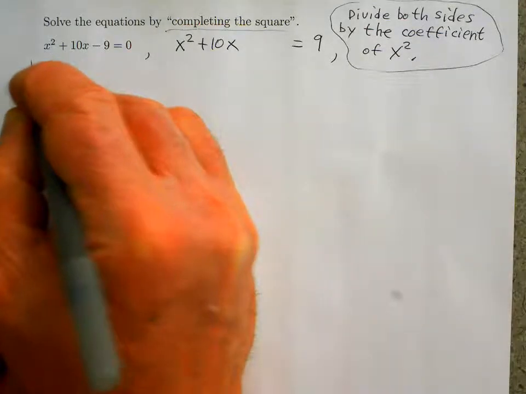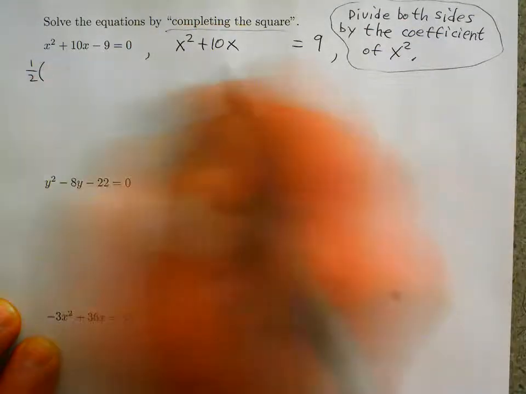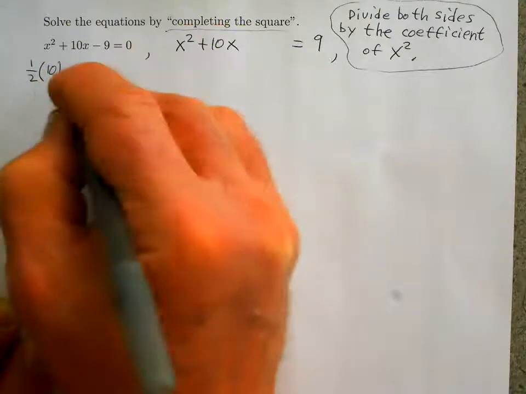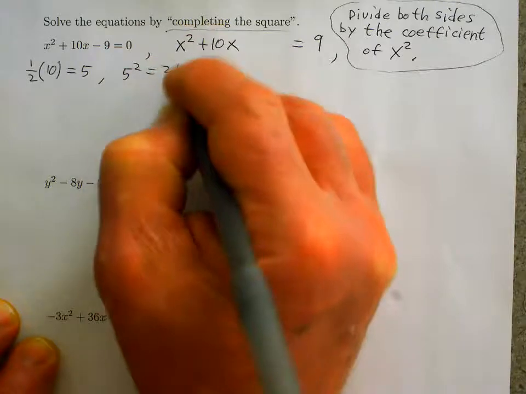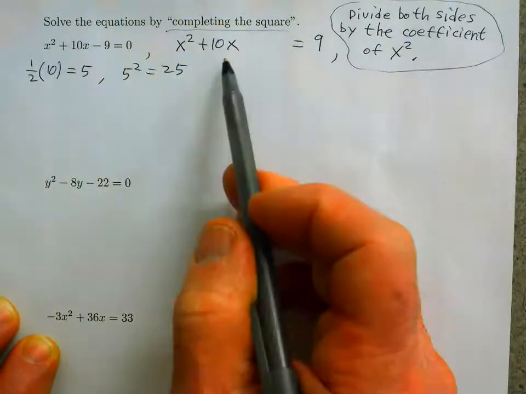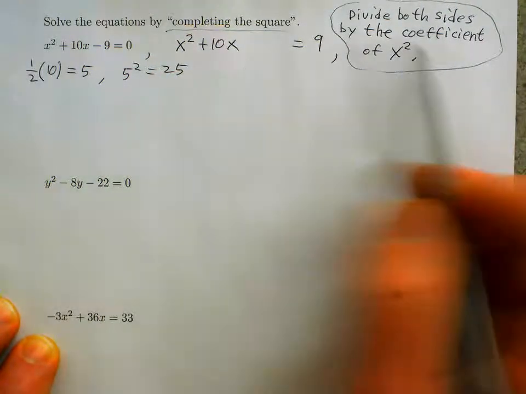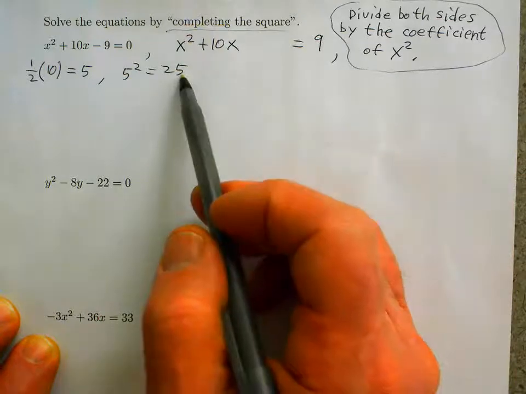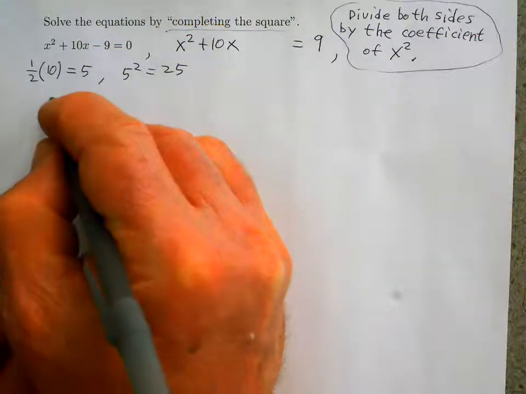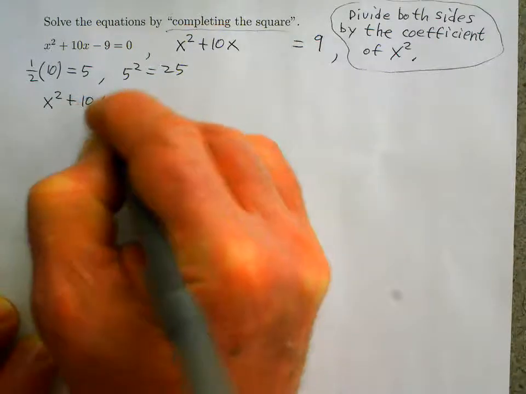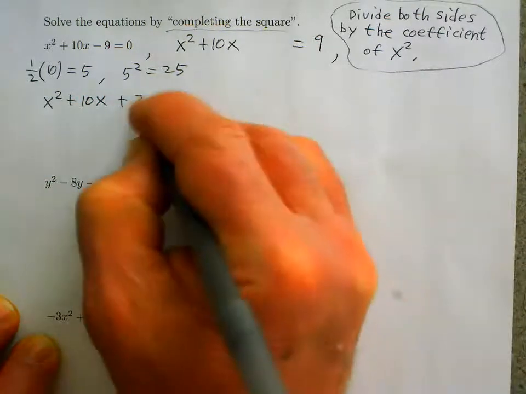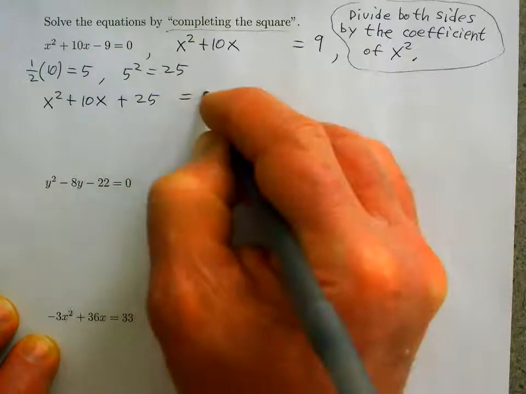Well, we take 1/2 of the coefficient of x, 1/2 of 10 is 5, and then 5 squared is 25. And so the number that we add to both sides of the equation is 25. So we're solving an equation, so whatever you do to one side of the equation, you have to do to the other side.